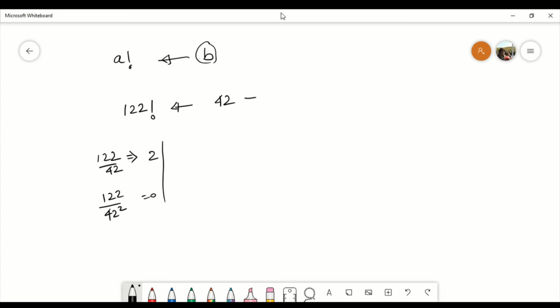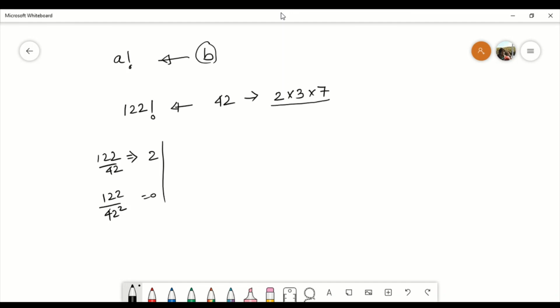Let's break 42 into its prime factorization, which is 2 into 3 into 7. Now we have to find how many 2's, 3's or 7's are in this number, and take the minimum of those.